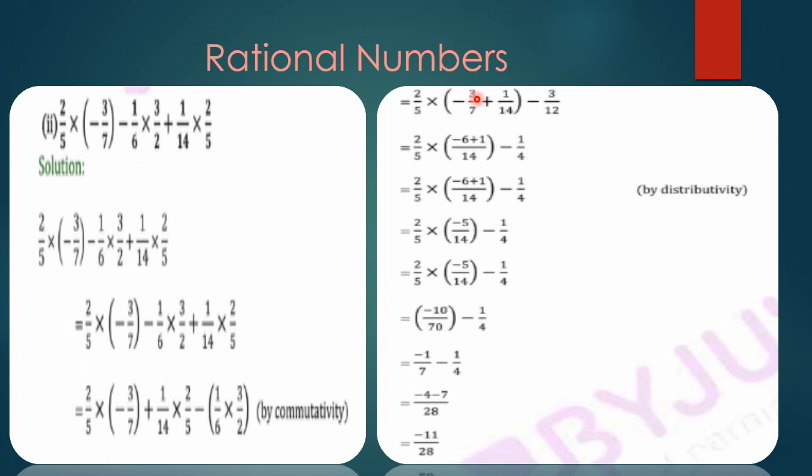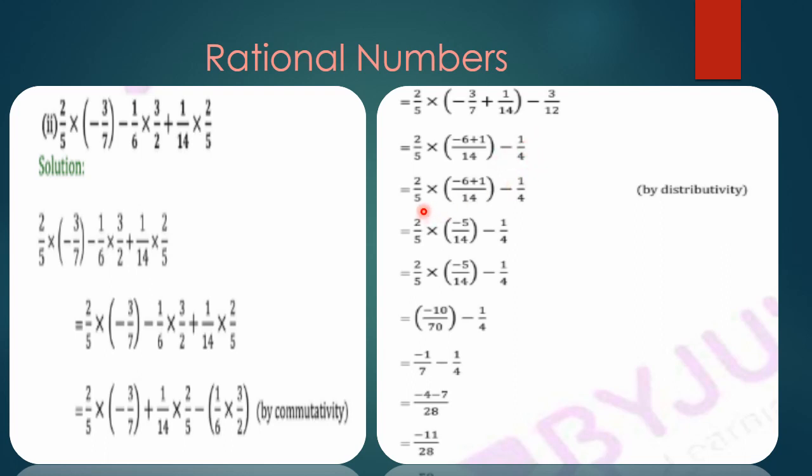So minus 3 upon 7 becomes minus 3 into 2, that is minus 6, plus 1 upon 14, because it has the denominator 14 already. Bracket is closed, then minus 3 by 12, whose lowest form is 1 upon 4. So minus 1 upon 4.